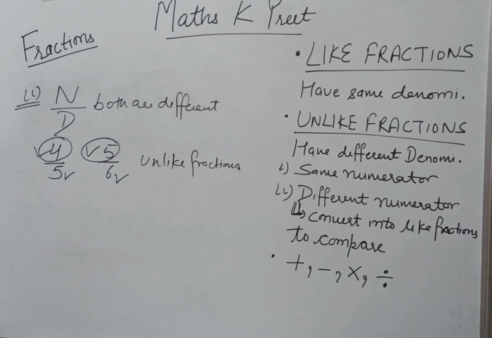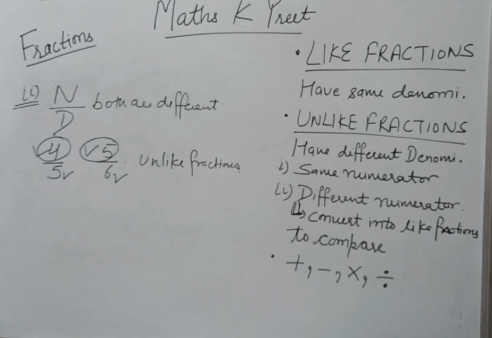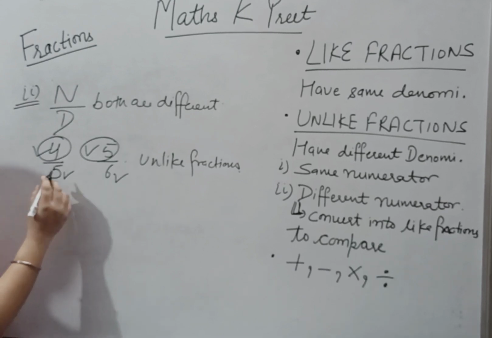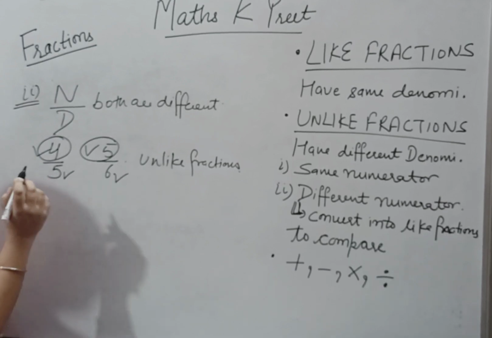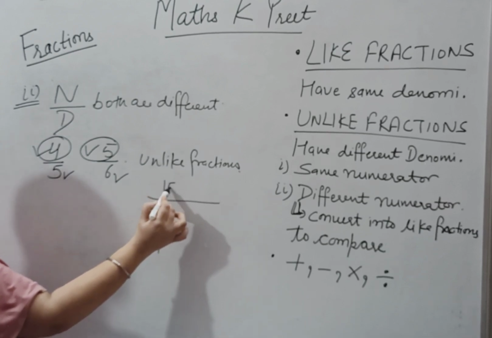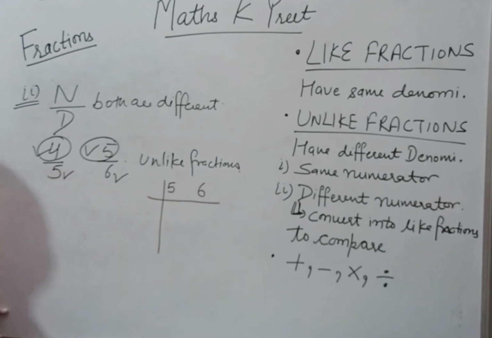So we will convert these fractions into like fractions. What were like fractions? Like fractions were the fractions with the same denominator. So we will make the denominator the same first. How will we do that? We will just take the LCM of the denominators of the given fractions.